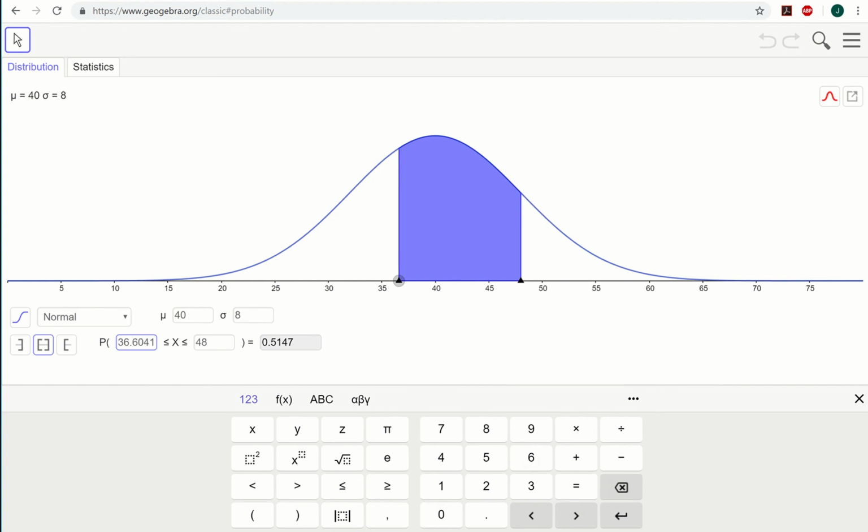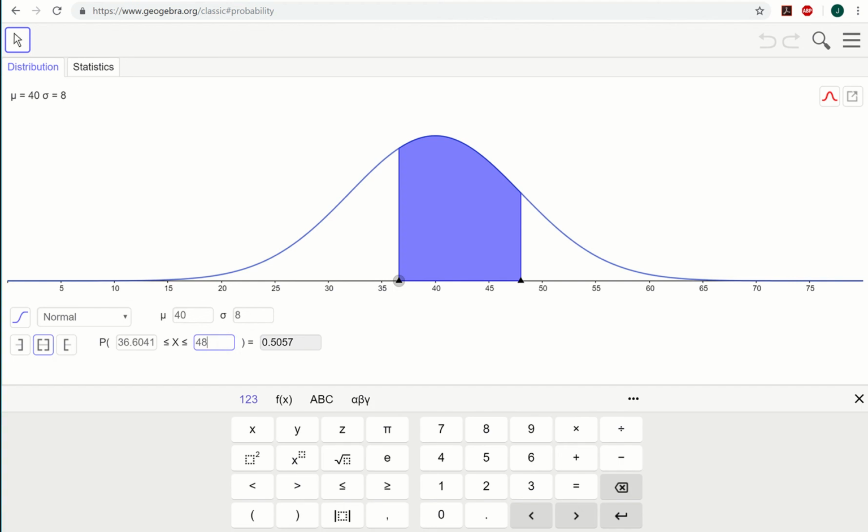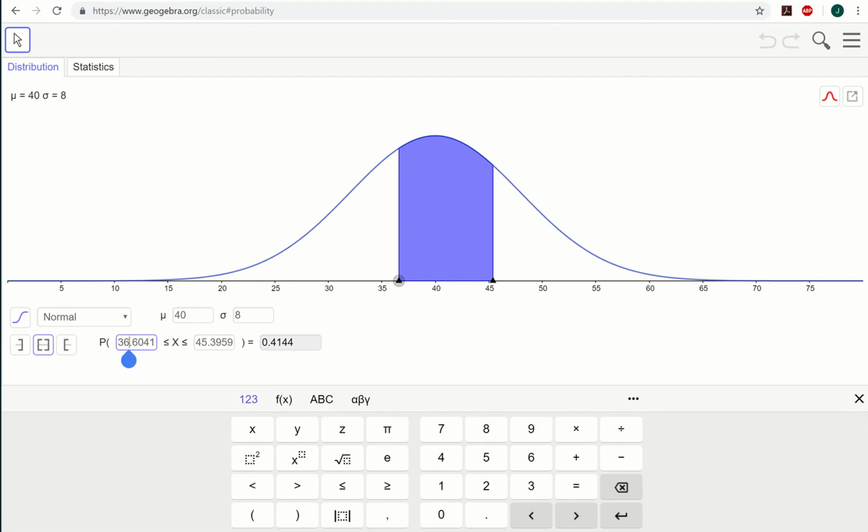And then upper bound, we have the 45.3959. And we hit enter. And what did I do? 34. There we go. Good way to double check. There it is. So we have those correct values in there. Sorry, I got a little mixed up switching screen to screen.